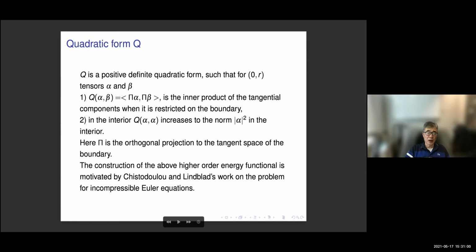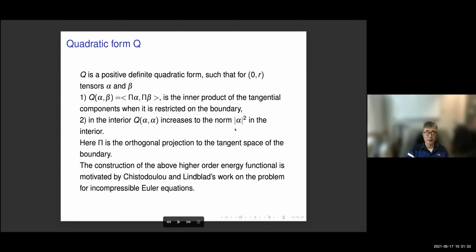That means q, for example, for two tensors alpha and beta on the boundary is an inner product just for the tangential components, because Pi alpha means the tangential component of alpha. But when you move to the interior of the domain, q of alpha, alpha is equivalent to the full norm of alpha squared.